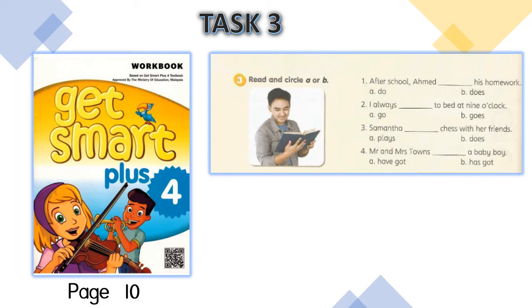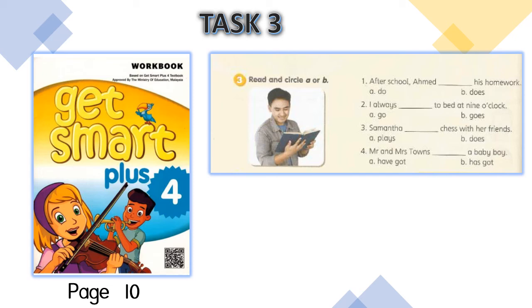Okay, for this one, you have to use simple present tense. And when you want to write the verb, you have to look at the subject, whether it is singular or plural. If the subject is singular, you have to put s, es, or ies for the verb.